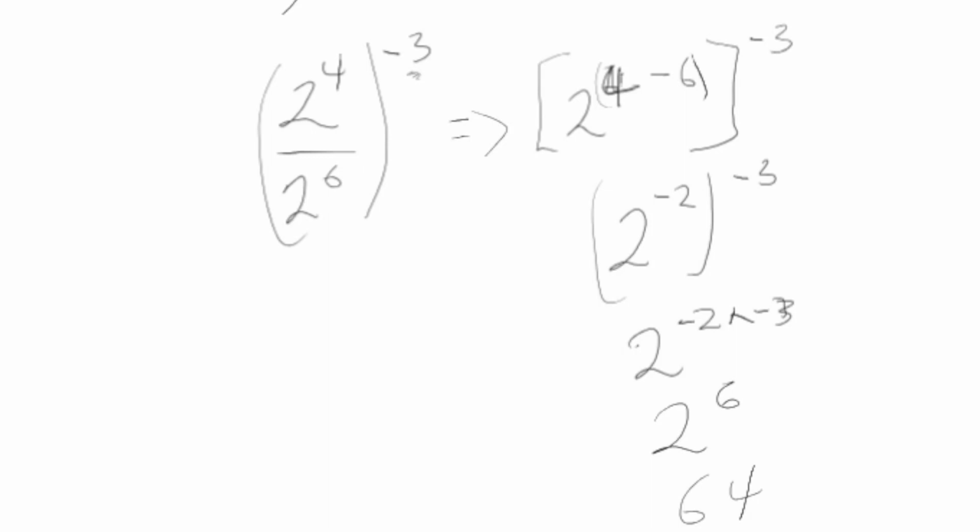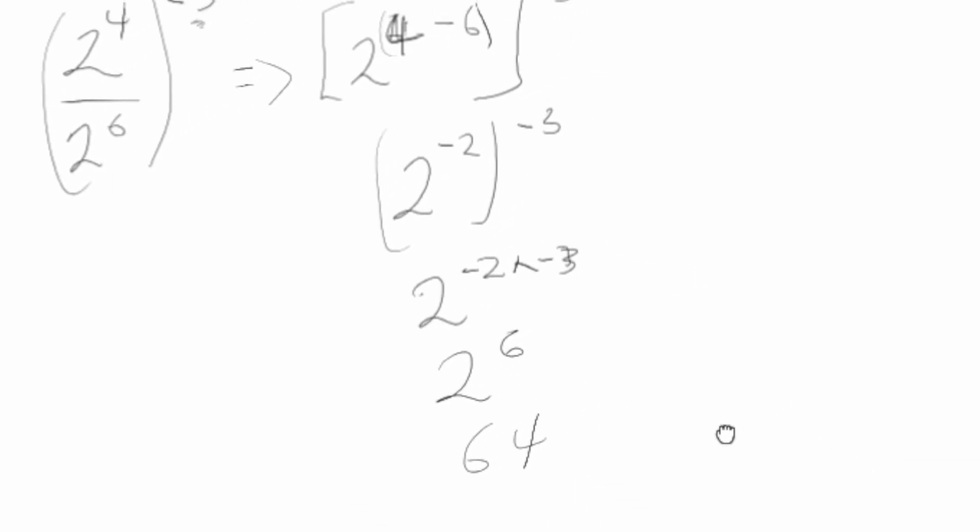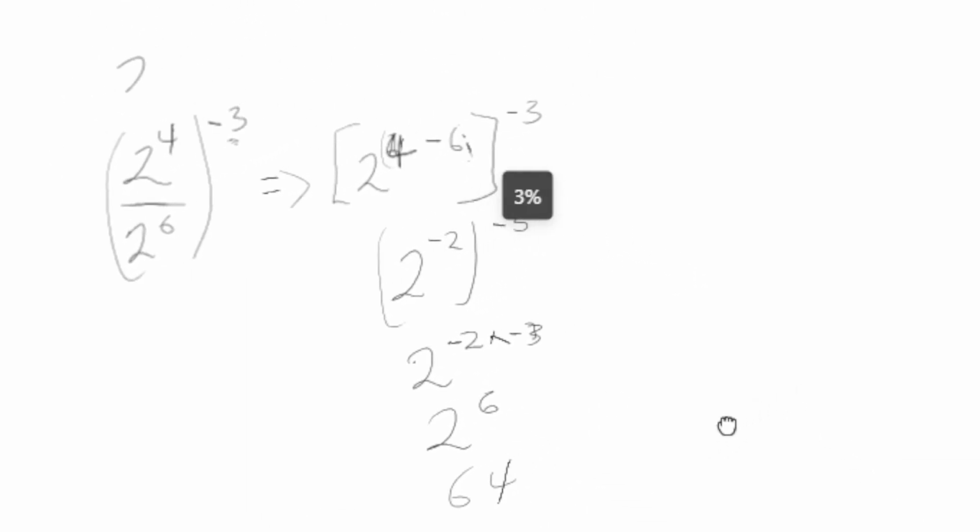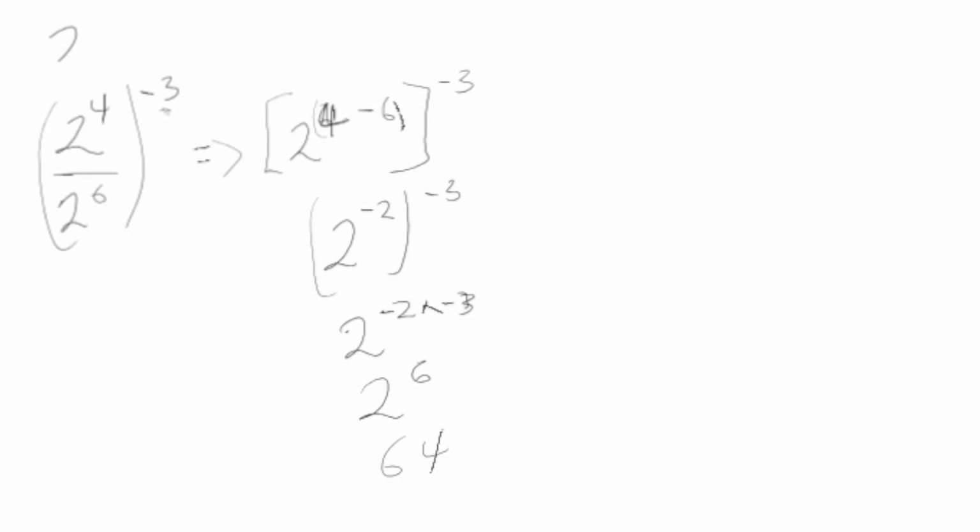Let me try to use the other method too here. If I want to do the powers first, what I could do is 2 exponent 4 over 2 exponent 6, all in negative 3. So I'll just multiply everything.